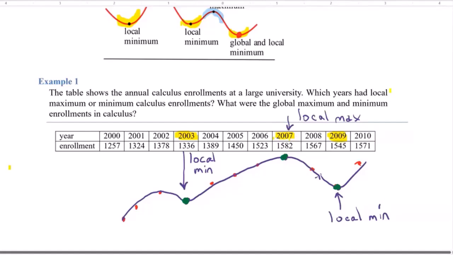So those are the 3 years where we have local extrema. The only local maximum we have is 2007. Local minimum we have in 2003 and 2009.